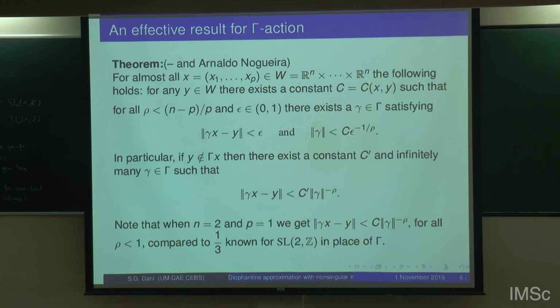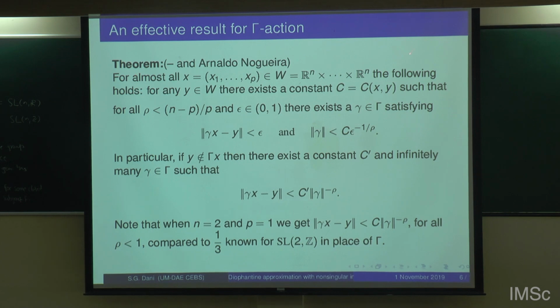Okay, let's go back to the setup of the theorem. So we have W is P copies of Rn, and we are looking at P vectors x1, x2, xp. The conclusion that I have first written here says "for almost all vectors."